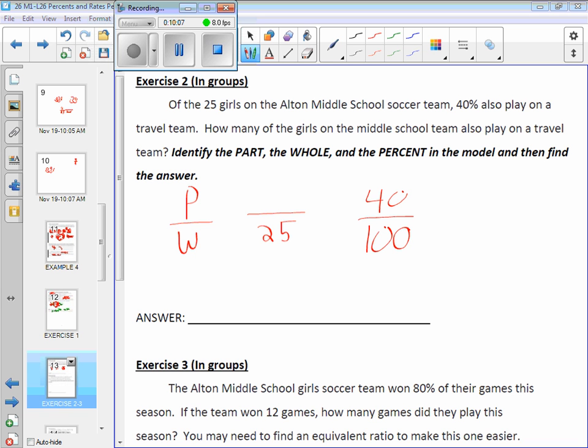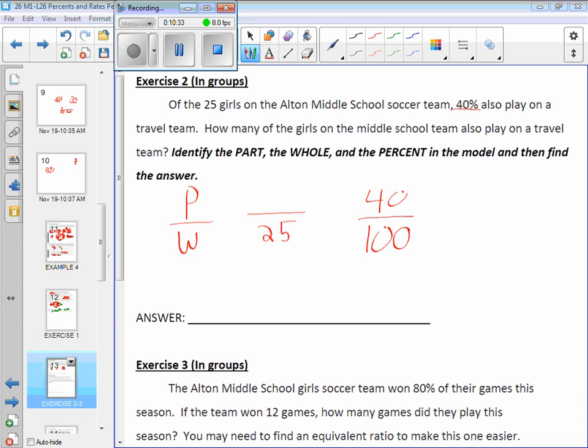You're trying to find the part of them who also play on the travel team. Okay, and then where's the 40 coming from? 20%. Okay, how does that look? Remember, when you have a percent and they give you the percent, you have an entire ratio, 40 over 100.